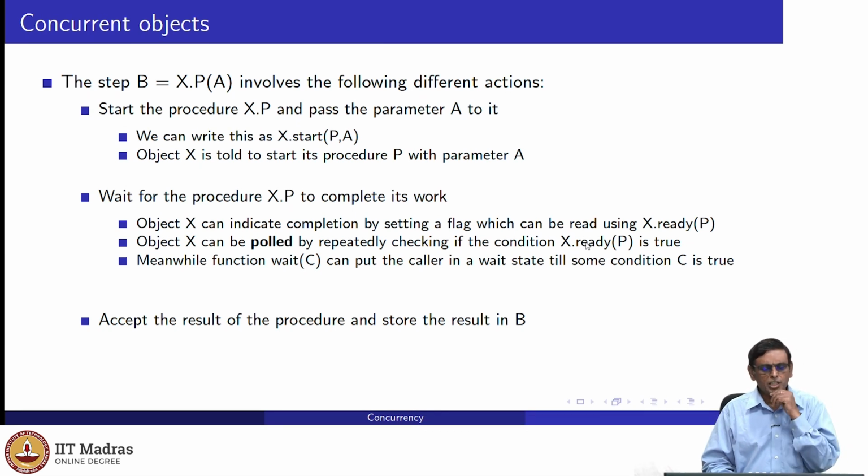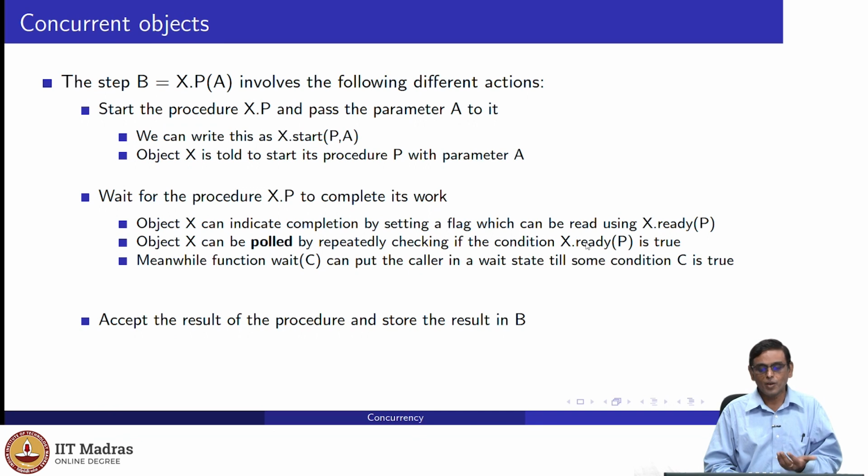So we can put these three things together. Object X has implemented a procedure called ready for each procedure, which will tell you whether or not that procedure is finished. Then the caller will keep checking whether ready P is true, and it does that by using this wait condition. What should we wait for? What is C in this case?